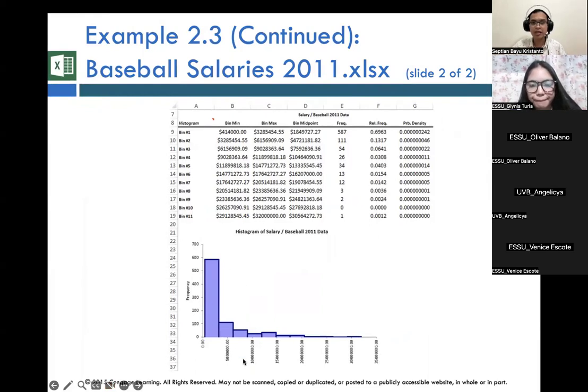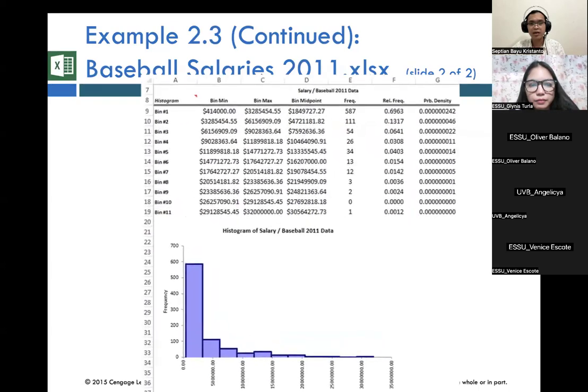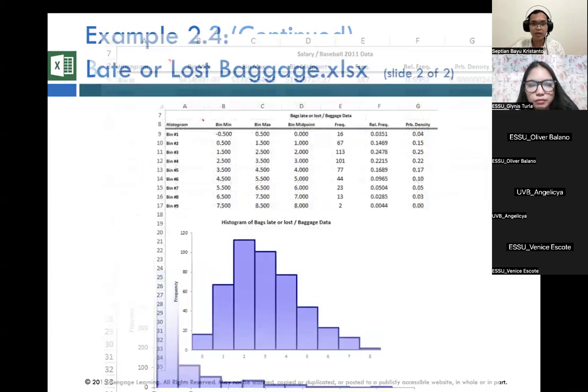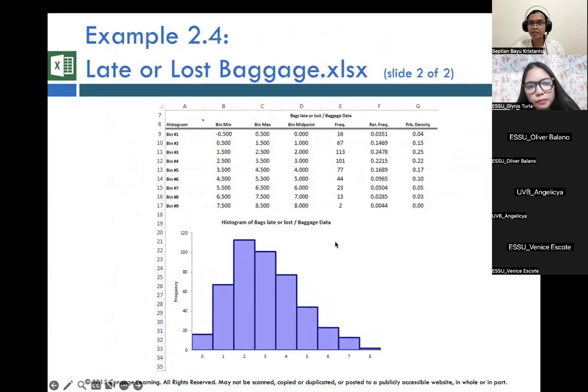This is the histogram of the data. It is similar to a bar chart. You can show it like this or like this, stacked in categories: category 0, 1, 2, 3, 4, 5 until 8. You can represent your data like this.